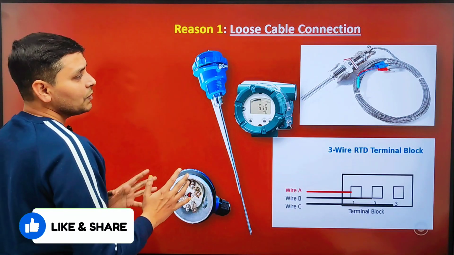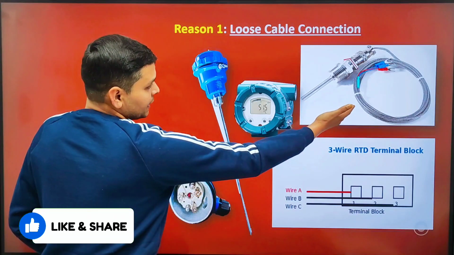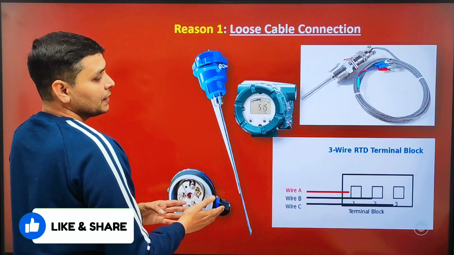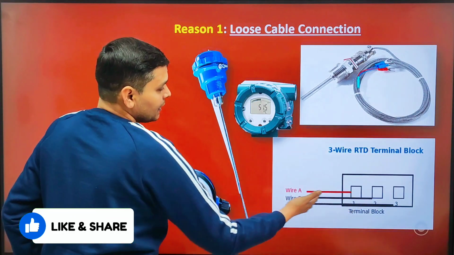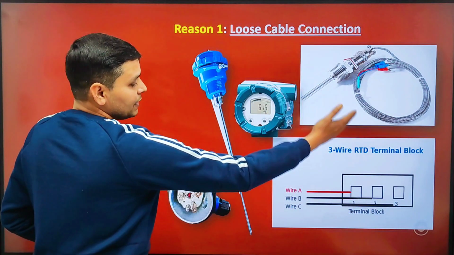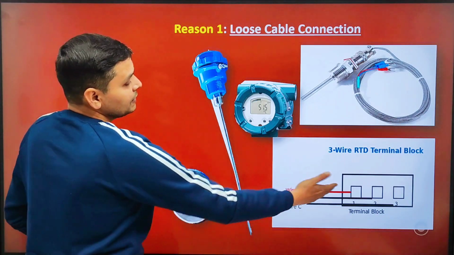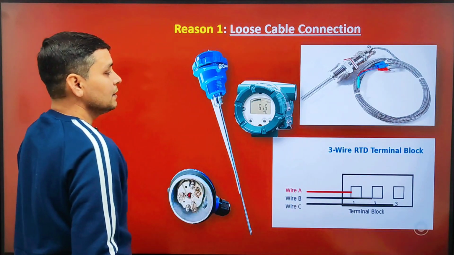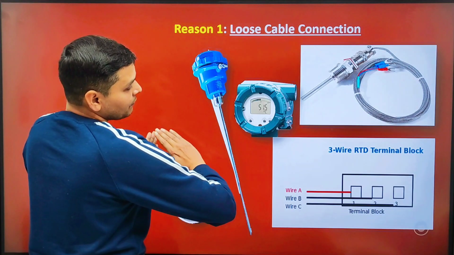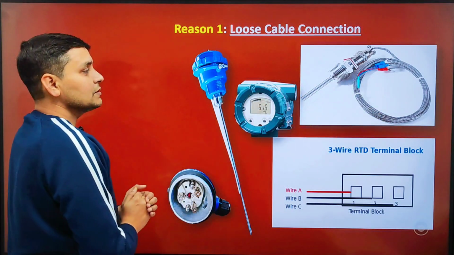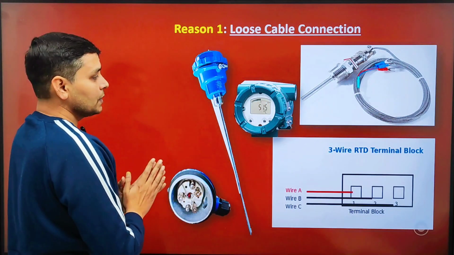We can use any type of RTD, a pen type RTD or this type of RTD. But connections will be like this only. There will be 3 connection ports and we will connect the wires in these terminals. And then the wires will be connected to PLC, DCS or another controller.